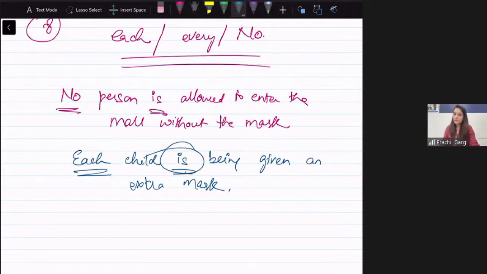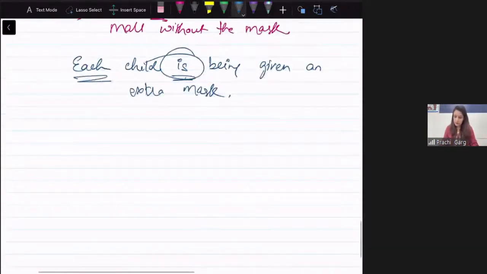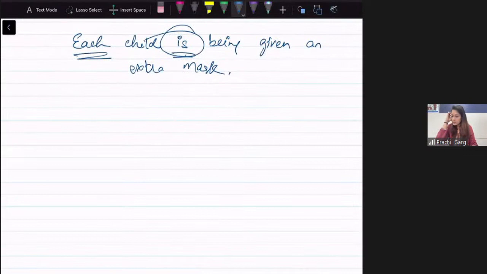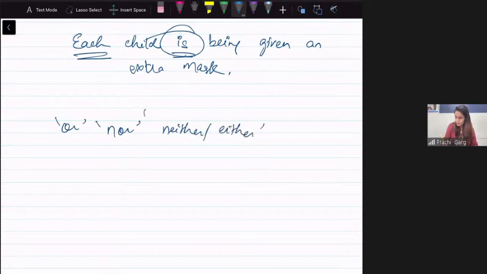Simple. Clear? Now let's talk about another rule, which involves or, nor, neither...nor, either...or, not only...but also.